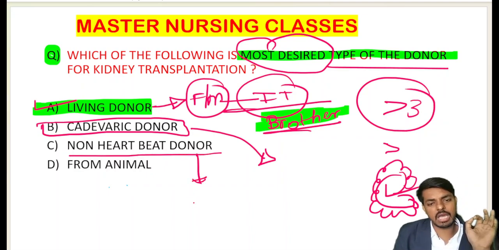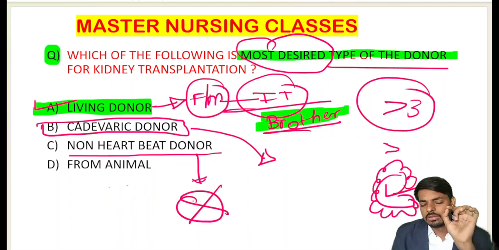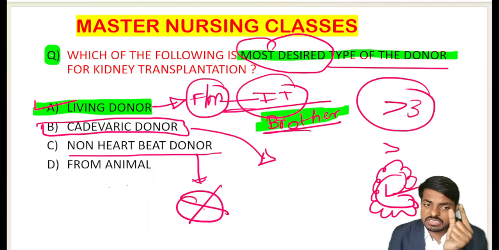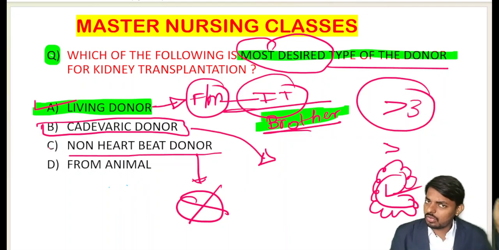Non-heartbeat donor means cardiac death has happened. This is also a type of donor, where the situation arises in which we need to harvest the organ immediately. In the living donor, we have sufficient time to take the organ out of the body and implant it in the other person.